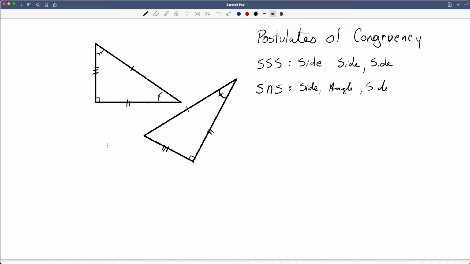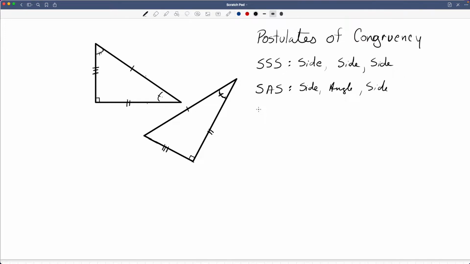So it gives you side, side, side by telling you that the angle in the middle is dictating what this third side's length is going to be. So now we have two postulates, side, side, side, and side, angle, side.